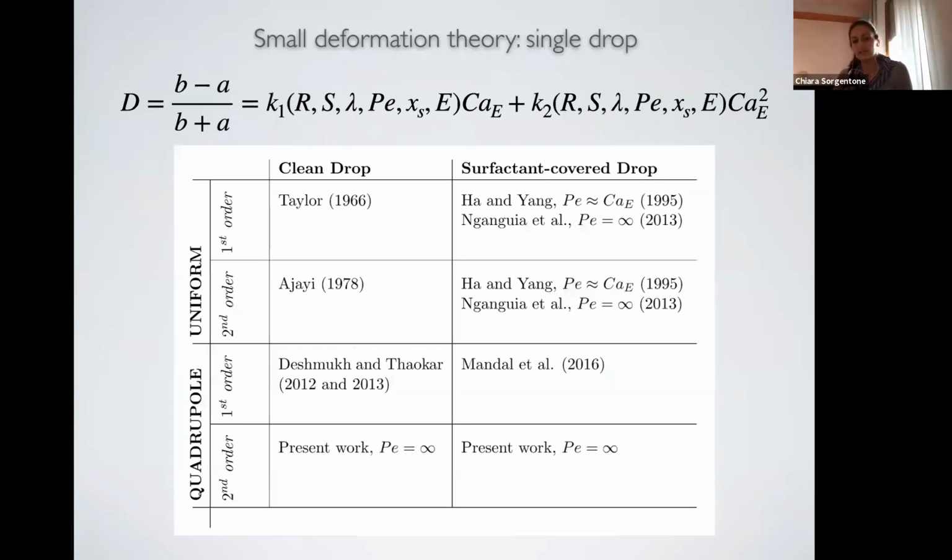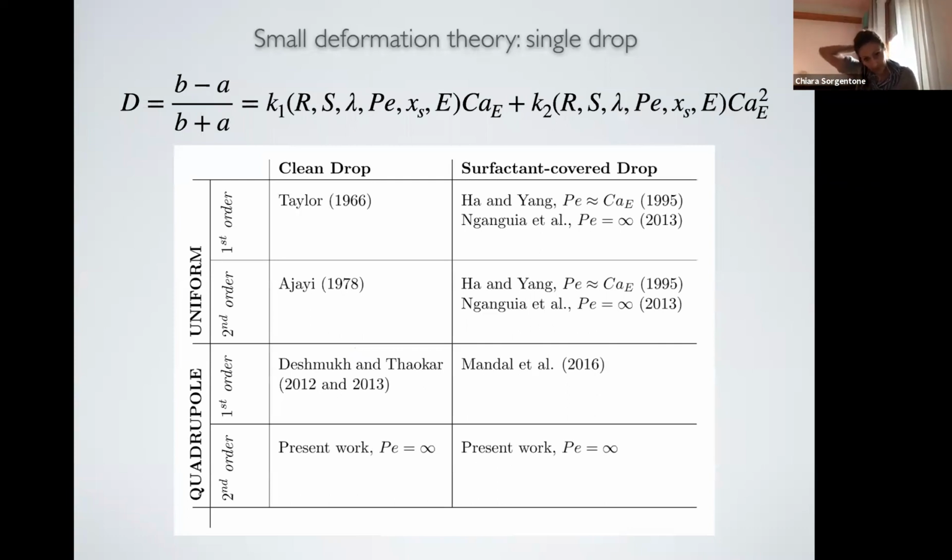Okay, so a few words about the asymptotic analysis. Before talking about what we did for the drop pairs, let's start with the single drop. The first thing that we did together with Petya is this: if you have a single drop in an electric field, either a uniform or a quadrupole field, and the electric field is weak, not too strong, the drop will deform, and we can use the small deformation theory, first introduced by Taylor and then extended by other authors, as you can see here.